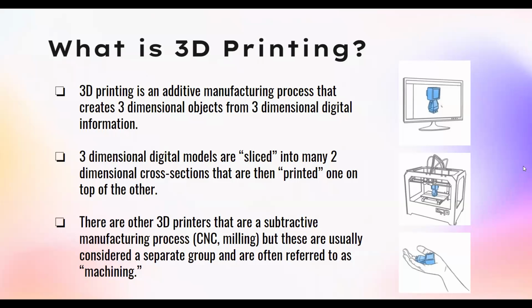There are a lot of different 3D printers. Some are subtractive manufacturing processes, and you can see some in Jacobs, mainly CNCs and milling, and they're usually considered a separate group. We don't really call them 3D printing, but there are a lot of them.